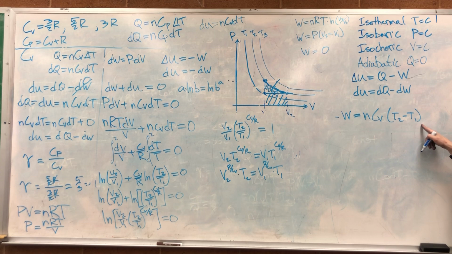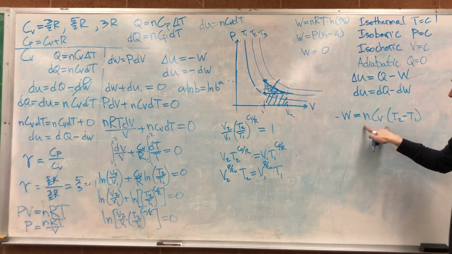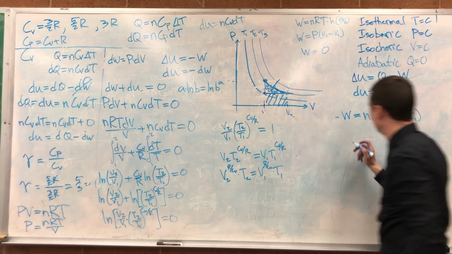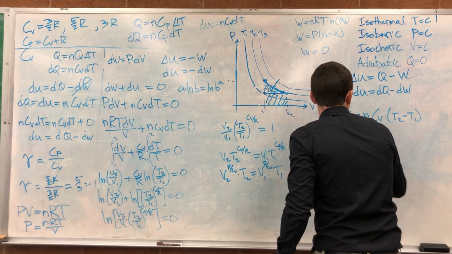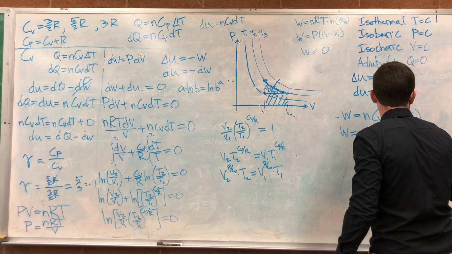Changing the order that we write the temperatures in eats up the negative sign, so I'm going to flip the order there. So work is equal to N CV times T1 minus T2.